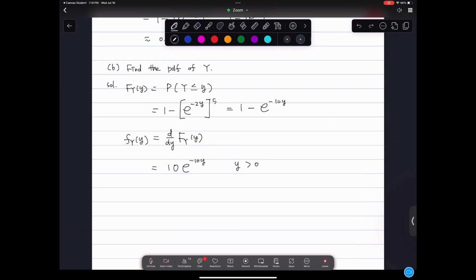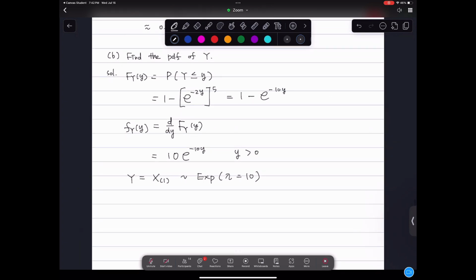So I do notice that your smallest order statistic in this case, it is exponential with lambda being 10. So I think that's how we do the probability in the PDF.